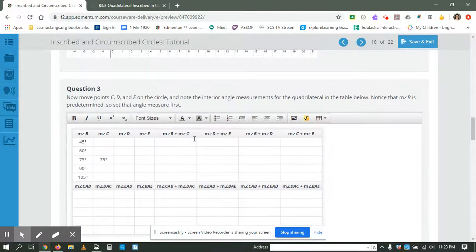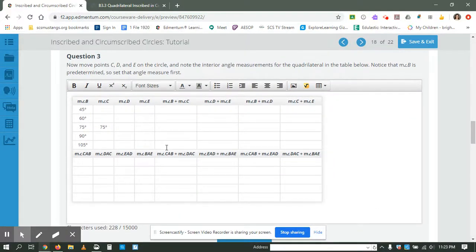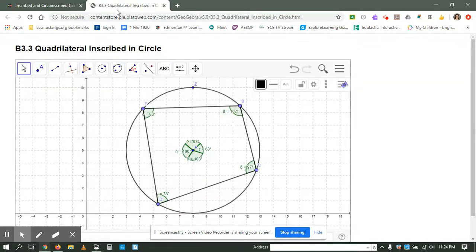All right. So now it says this is where not having decimal spots is going to pay off. Now move the points C, D, and E on the circle and note the interior angle measures for the quadrilateral in the table below. But make sure whenever you're doing those angles, you've got to set the measure of angle B first. So it's predetermined, so we've got to set that first. Here they say the measure of angle B is going to be 45 degrees.